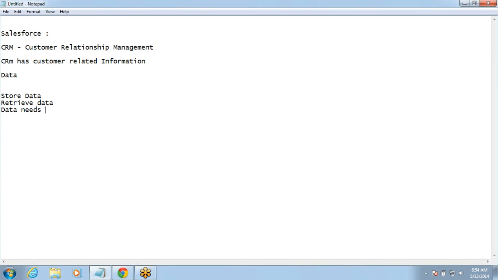Data needs to be shared. Okay, so retrieval is one more attribute. The other attribute that would be required from a CRM is that it needs to be shared within your team, right? So it needs to be shared among different members in the team. So if there is a customer and in your company there are 10 customer care executives, the customer might not call any specific customer care executive.